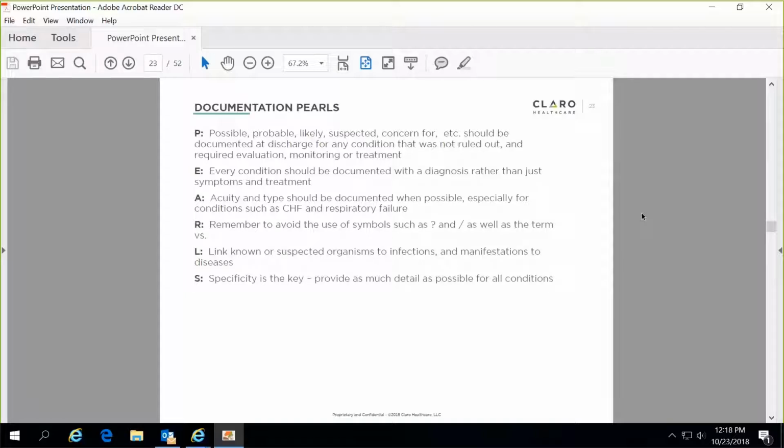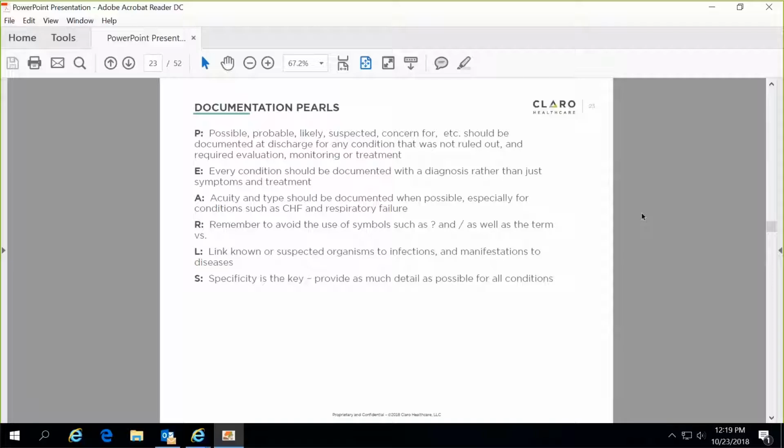So these are just some documentation pearls that we say. Possible, probable, use those. Every condition should be documented with a diagnosis. So when you're describing something, name that diagnosis, name that description, name the baby, name the baby. Acuity and type should be documented when possible, especially for conditions such as CHF and respiratory failure.